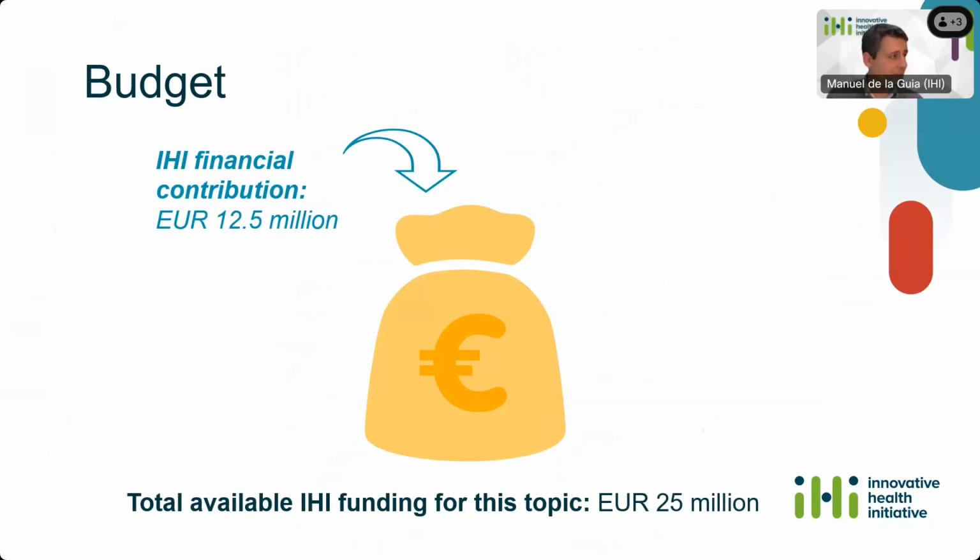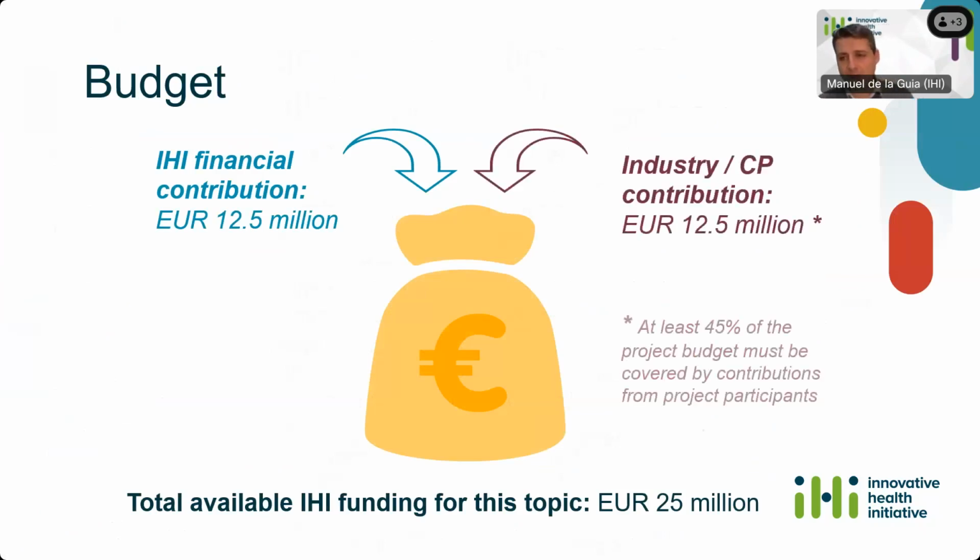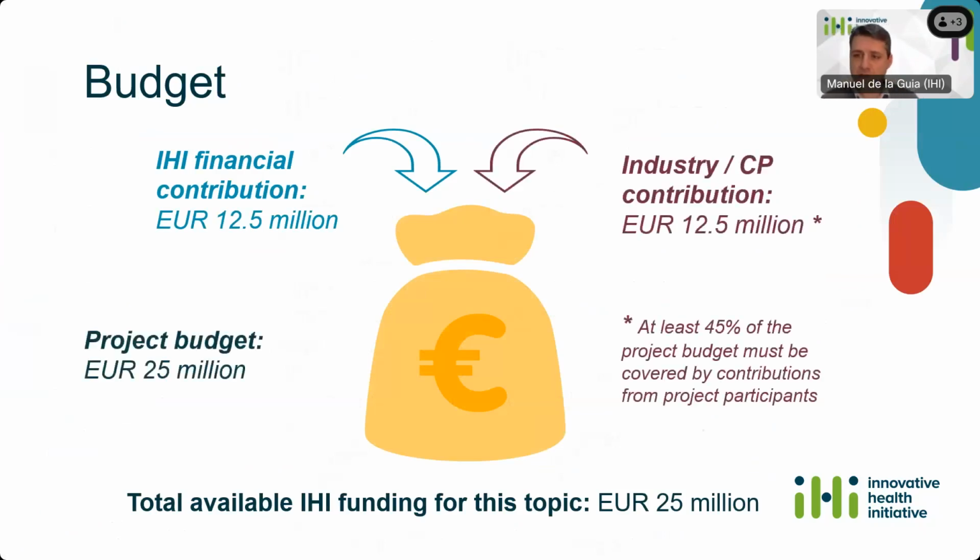That would mean that this 12.5 million will be matched by industry or industry and contributing partners with another 12.5 million. Because as you may know, otherwise I insist, please do register for our financial webinar. At least 45% of the project budget must be covered by contributions from other participants. So we're aiming at a 50-50 contribution. That would be 50% IHI, 50% industry.